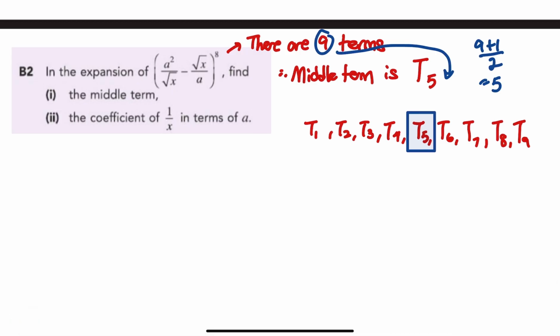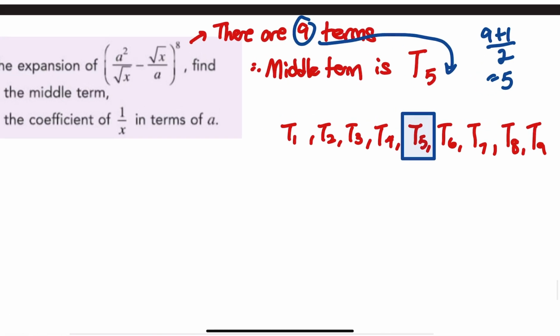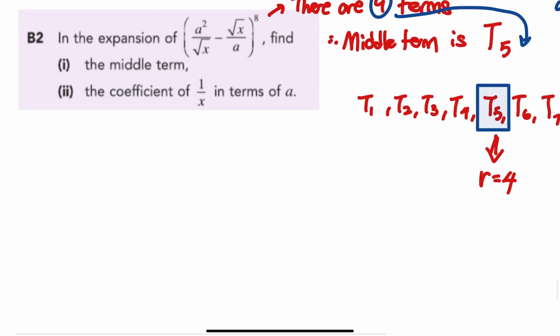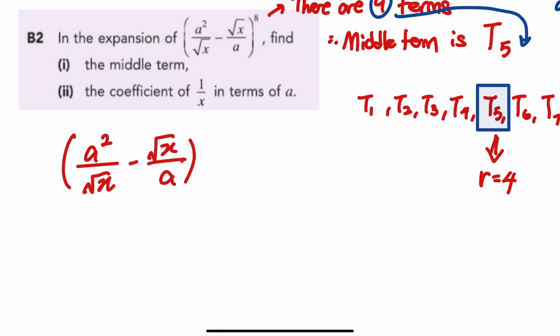If it's term number 5, you can straight away determine that r, remember r stands for position, is simply equal to 4. So from this expansion, a squared over square root x minus square root x over a, the whole thing to the power 8.